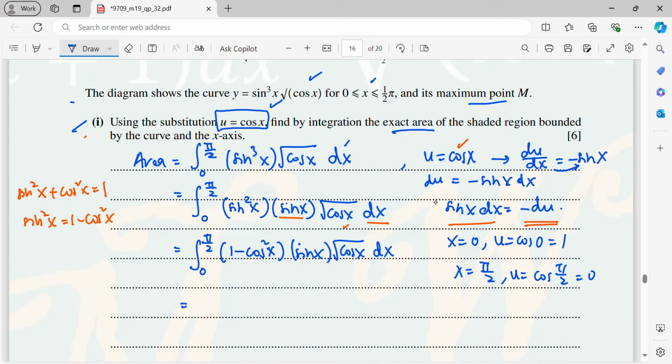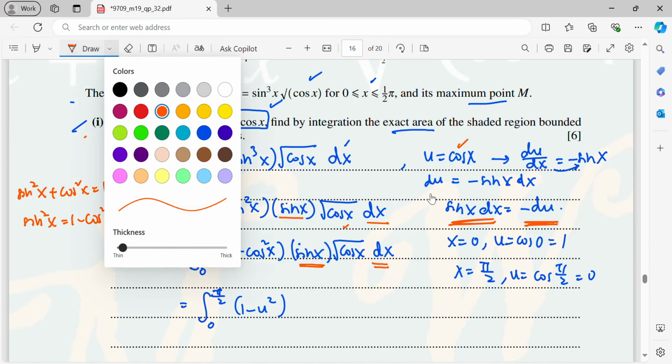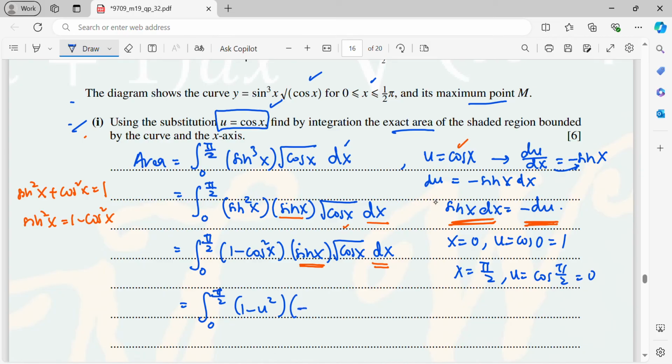Okay, so with this, I will change all into u now. So 1 minus cos squared x is basically 1 minus u squared. Now, remember, just now I said sin x dx is negative du. So I will write negative du. Then the square root cos x is square root u.